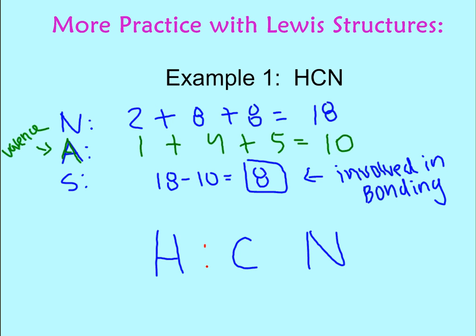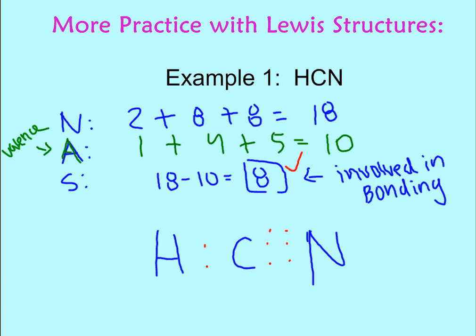So 8 minus 2 leaves me with 6, which means 6 electrons have to go in my last shared region between carbon and nitrogen. So I'm going to have a triple bond here, which may have been unexpected at first. So 1, 2, 3, 4, 5, 6. I've used all of my shared electrons.